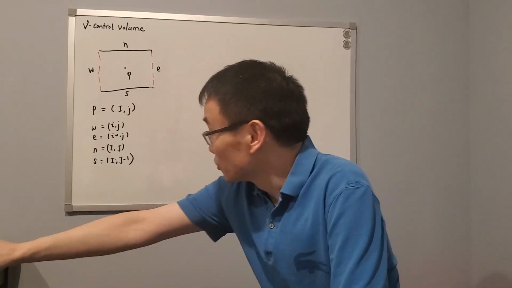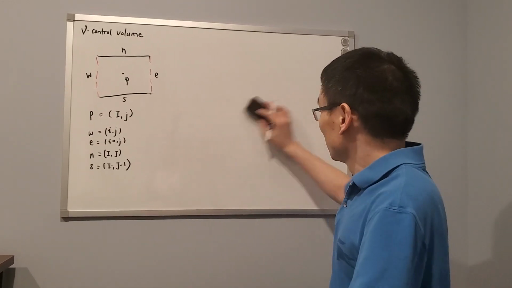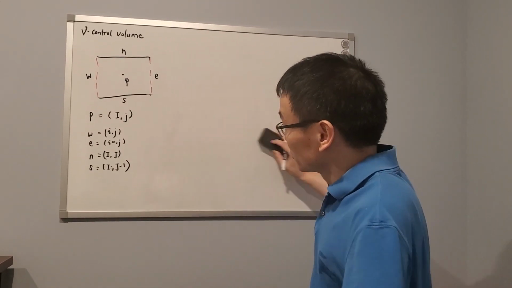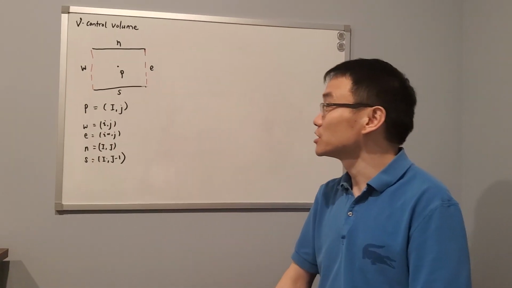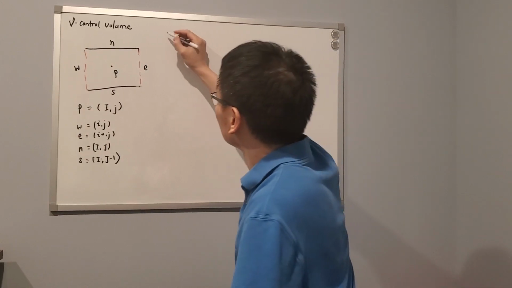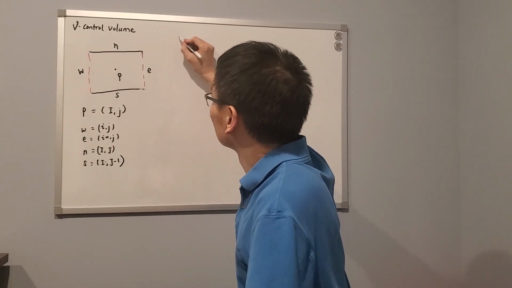All right, so after denoting the indices, basically the coordinates for the cell centroid and the faces, we can now write the linear system for this particular V control volume.